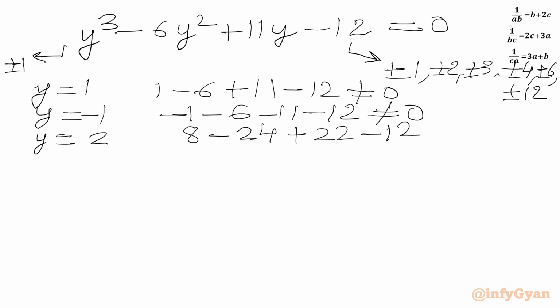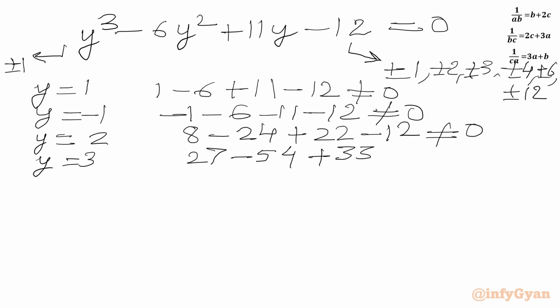So 22 plus 8 is 30, 24 plus 12 is 36, which is not equal to 0. Y equal to 3: 27 minus 54 plus 33 minus 12. No, it is not satisfying our equation.